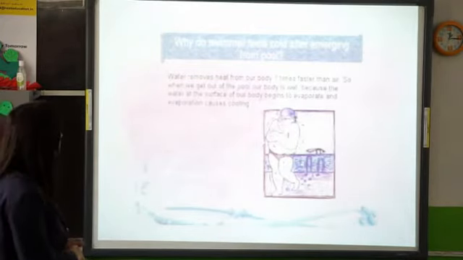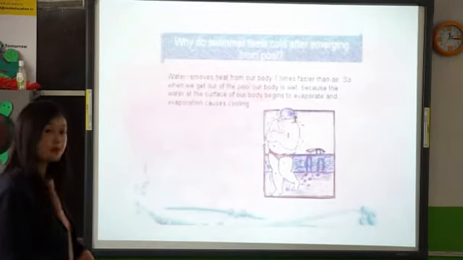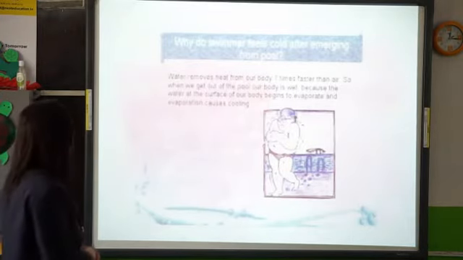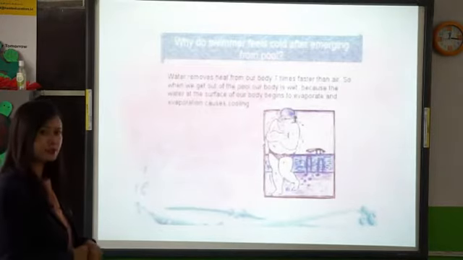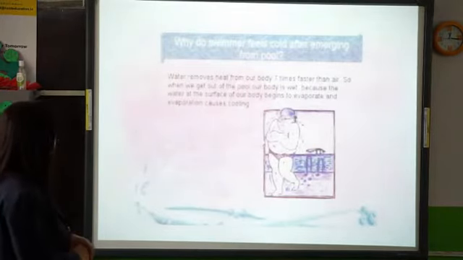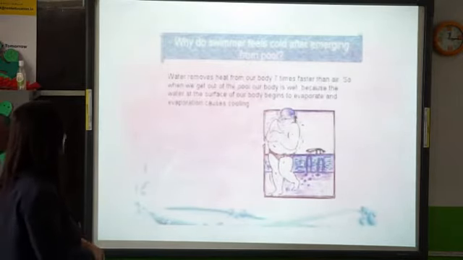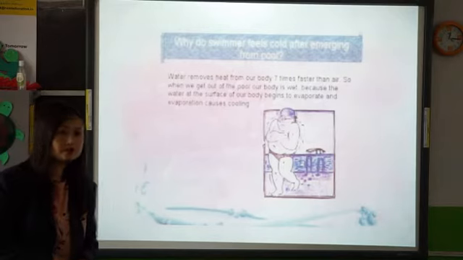Water removes heat from our body 7 times faster than air. So when we get out of the pool, our body is wet, because the water at the surface of our body begins to evaporate, and evaporation causes cooling.